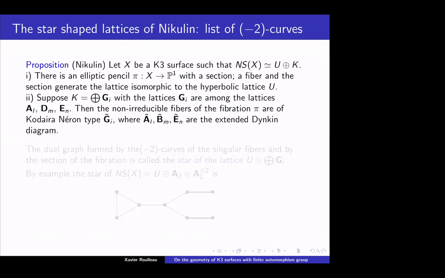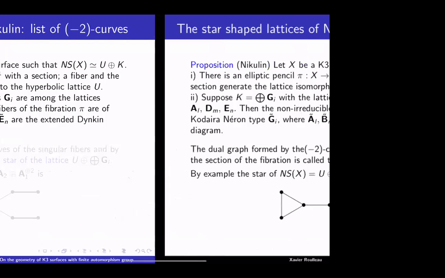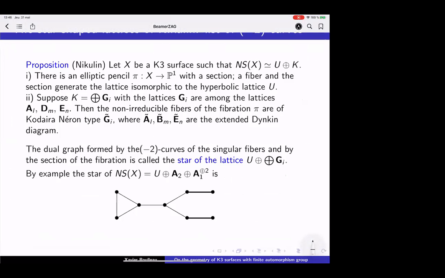So when you have a K3 surface with a Néron-Severi group which splits as a direct sum of U, the hyperbolic lattice of rank 2, with matrix (0 1; 1 0), plus K, where K is negative definite.